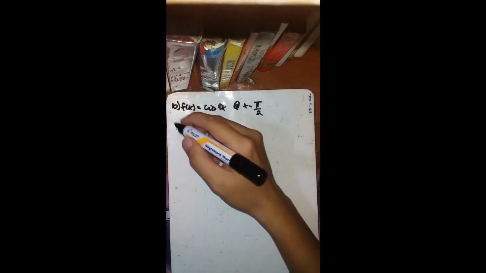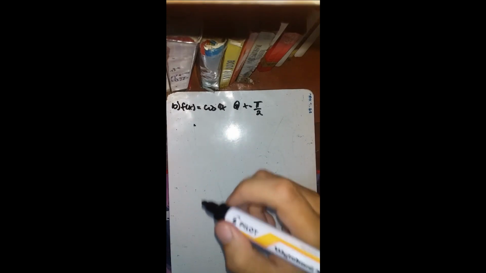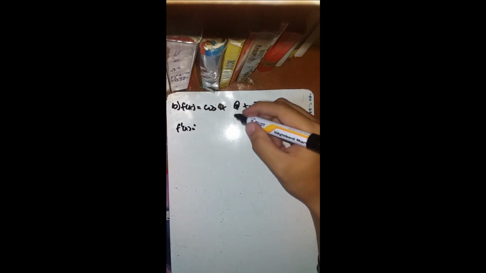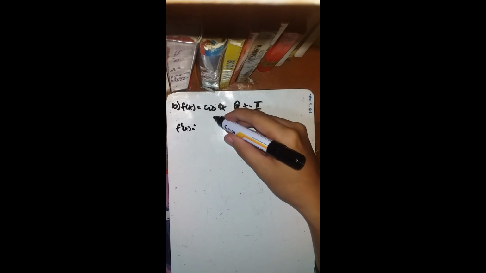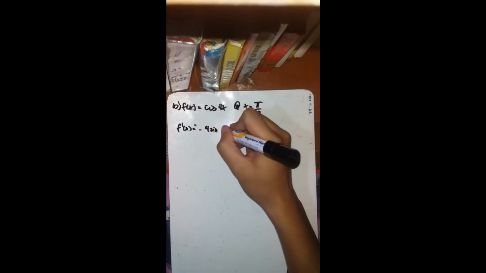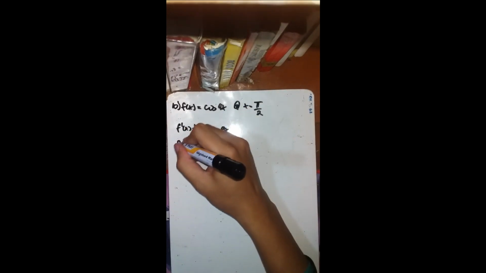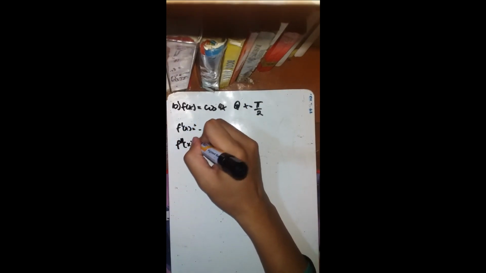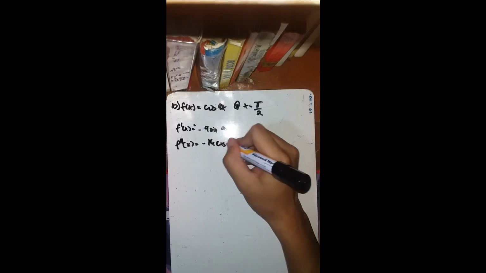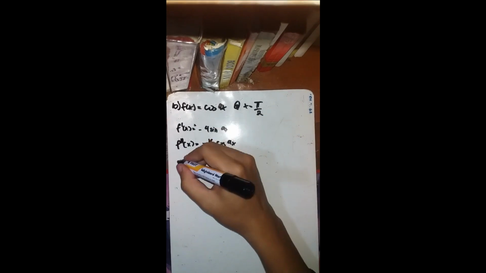Again, first let's start with the first derivative. Okay, so again, this is the chain rule. So we have negative 4 sine of 4x. Second, here we have negative 16 cos 4x.